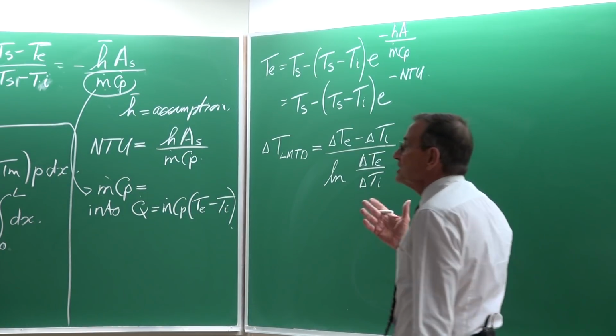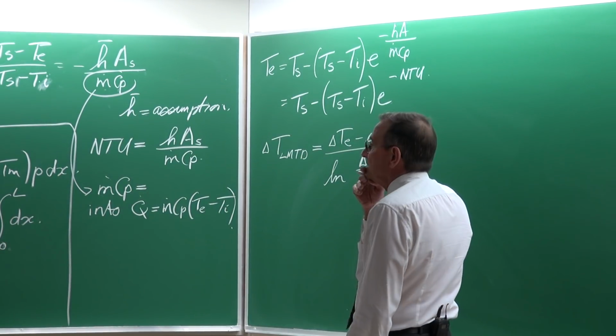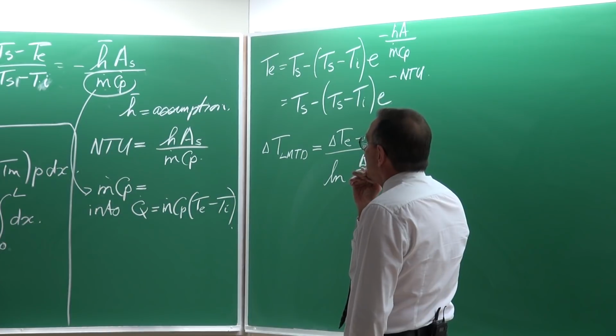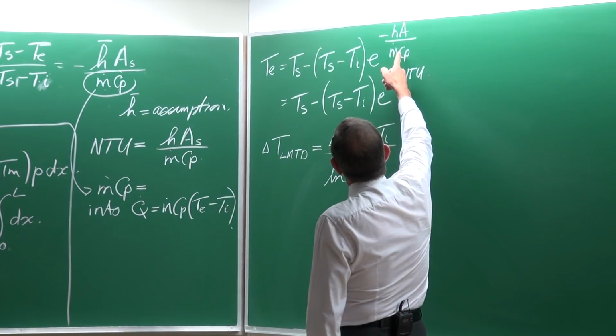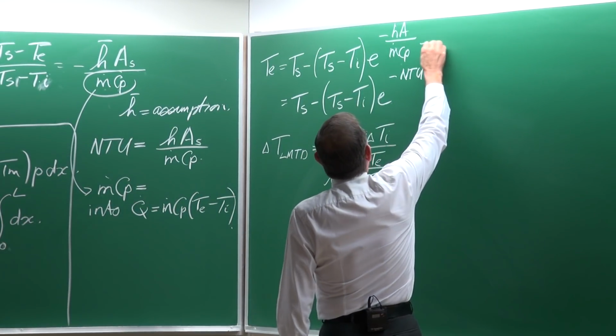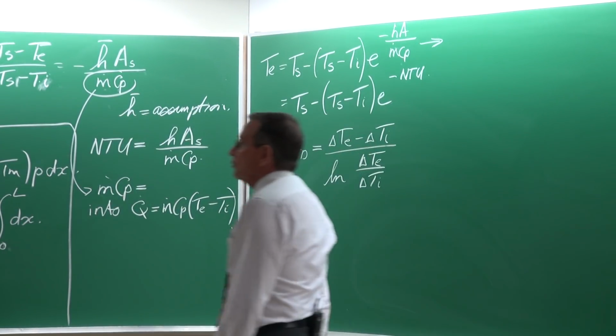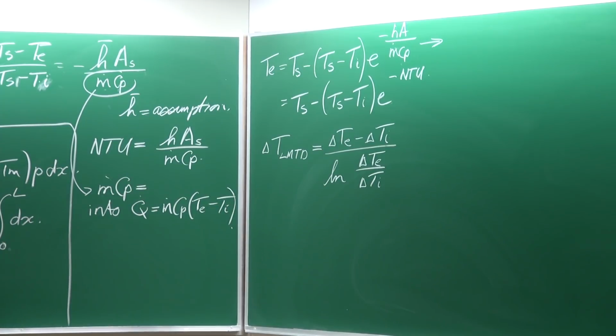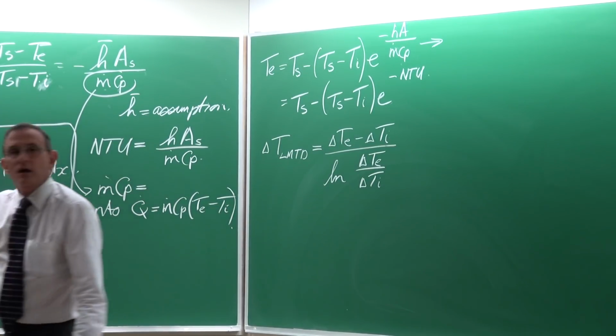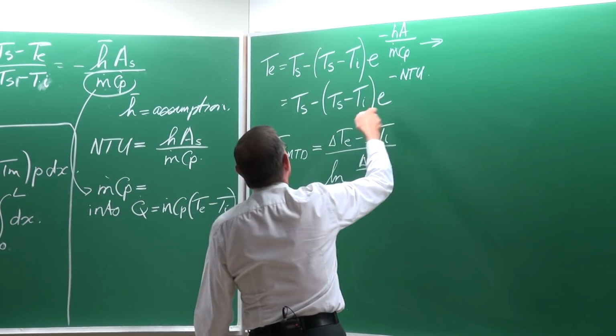There are two things that are now very important from this part of the work. Firstly, we have an equation that we can use to determine the outlet temperature. So when we've got the surface temperature, the inlet temperature, the heat transfer coefficient, the mass flow, etc., we can calculate the outlet temperature.